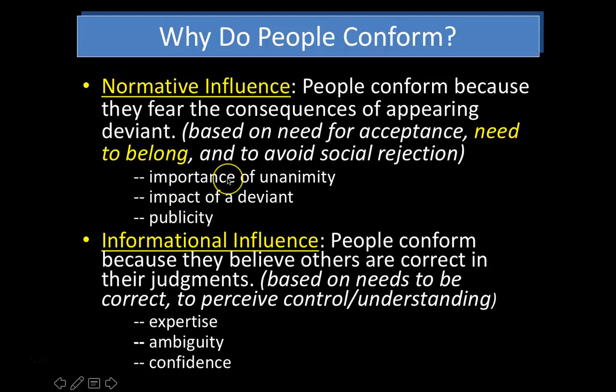That person said B instead of C. Everybody else said C. Now B was the right answer. Under those conditions, the conformity rate can drop from about 37%, as we saw, down to about 6%.